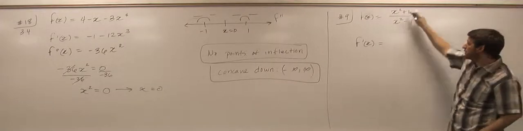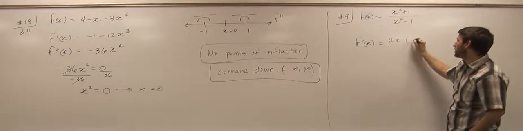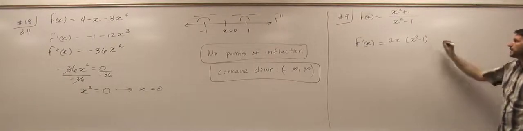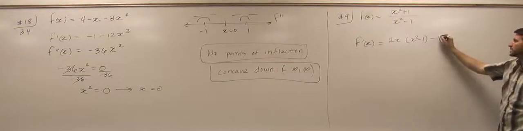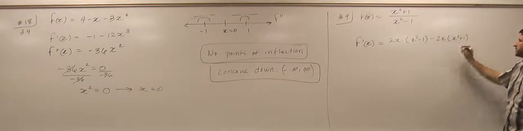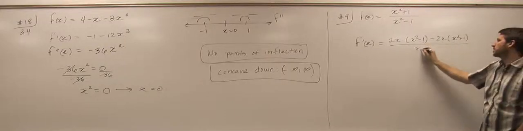So I'm going to first do the derivative of the top, which is 2x, multiplied by the bottom, minus the derivative of the bottom, which is 2x again, but now times the top, over the bottom squared.